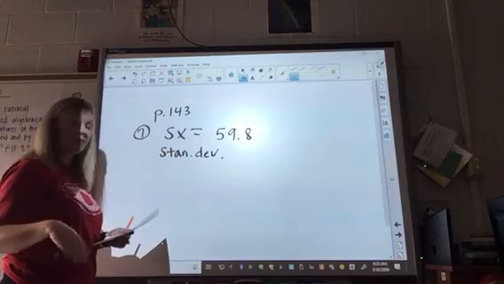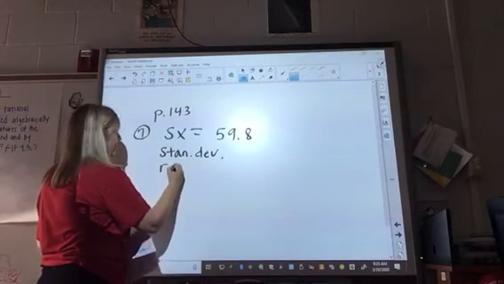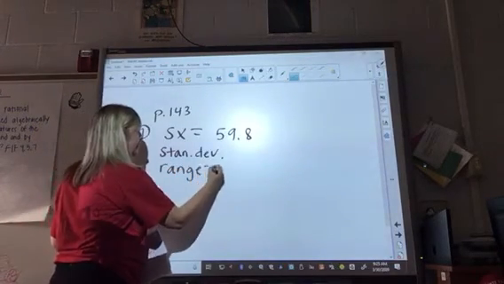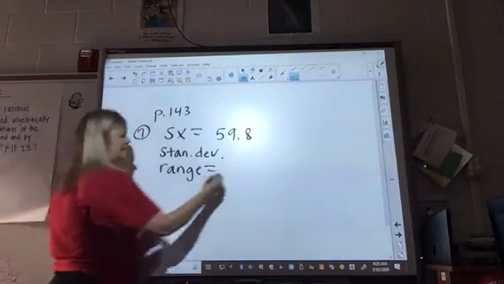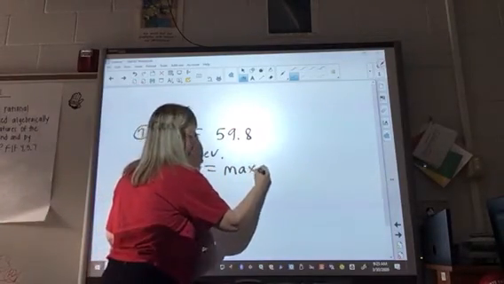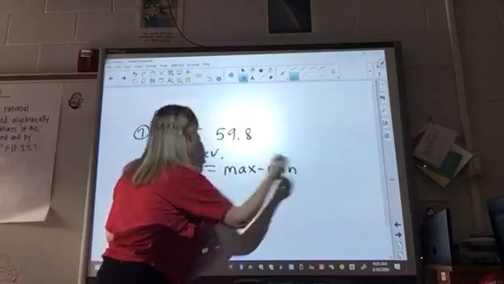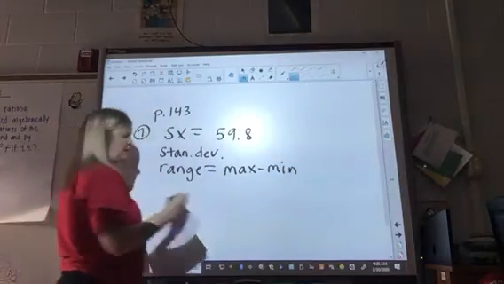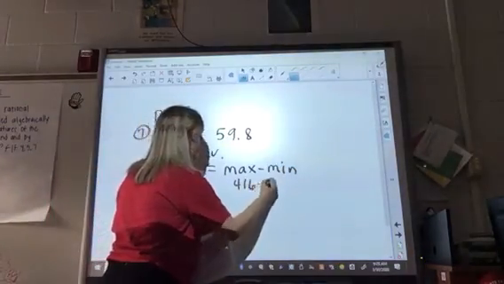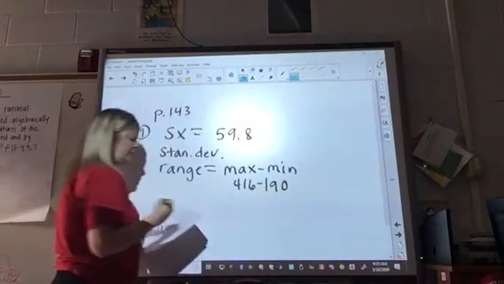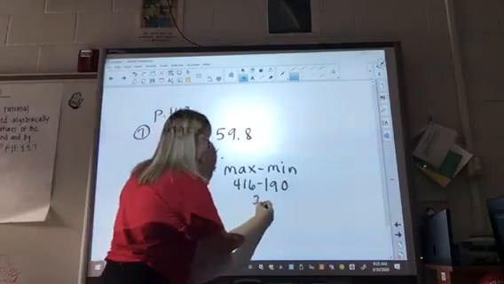I can use the max and the min to find the range. So that would be 416 minus 190, which gives me an answer of 226.